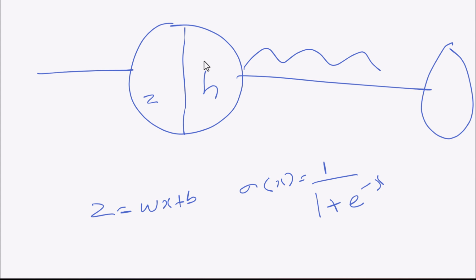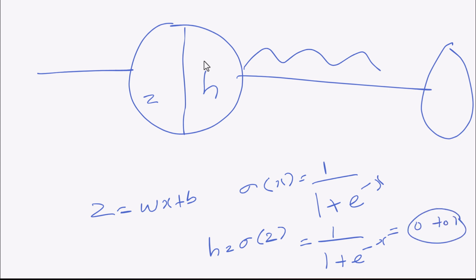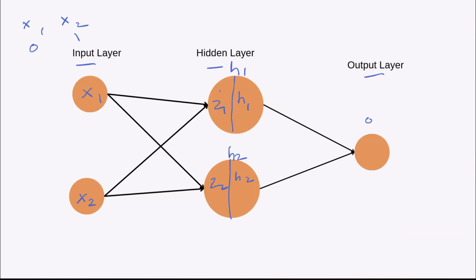So h is equal to sigmoid of z, that is equal to 1 by 1 plus e raised to minus x, and the output will be between 0 and 1. So whatever the score that you get in Z, it will be squashed to a number in a range between 0 and 1.